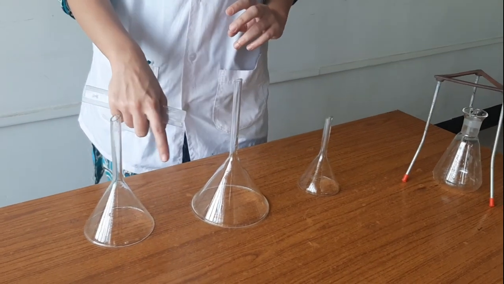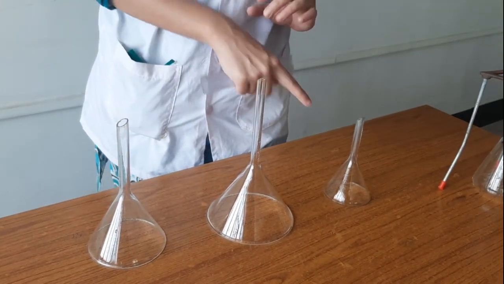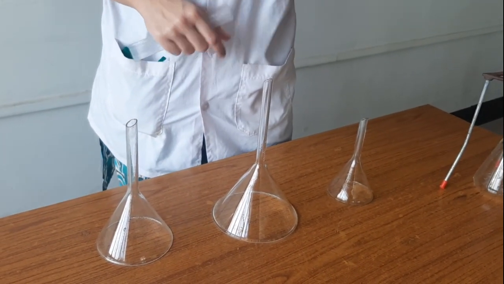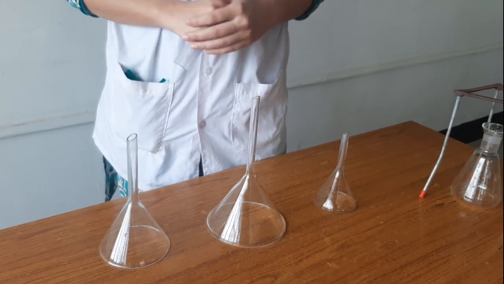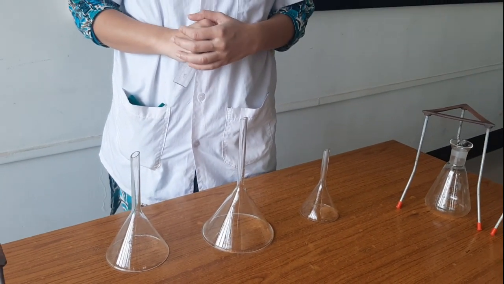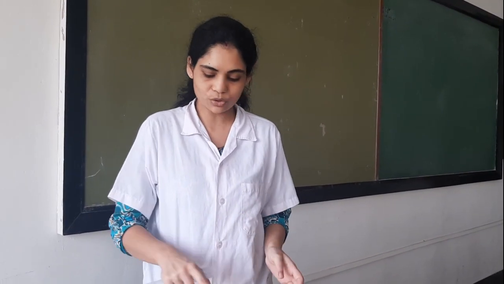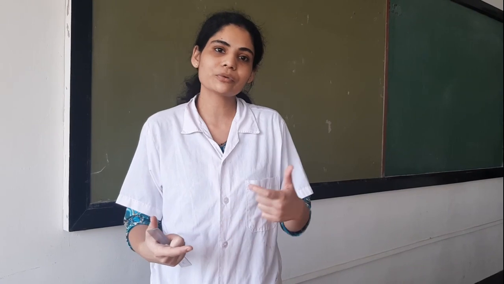We will measure the internal diameters of the three funnels, and then pass 50 ml of 5% slurry of calcium carbonate in water through each. We will record the time required for the slurry to get filtered from each funnel, so that we can tell the effect of surface area on the rate of filtration.